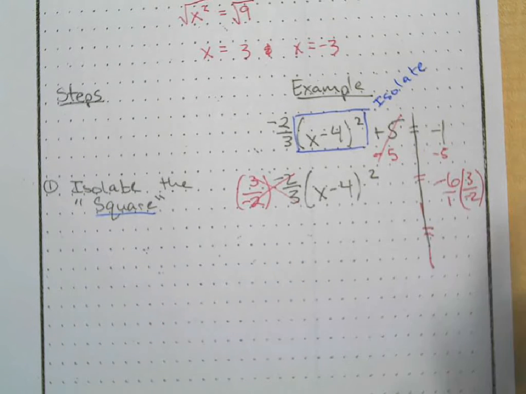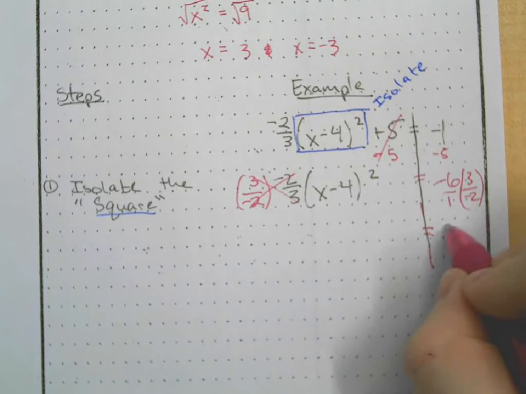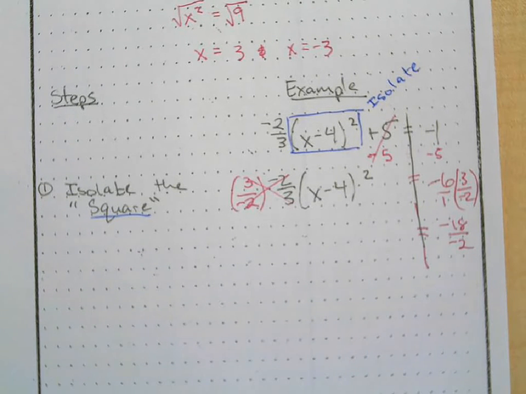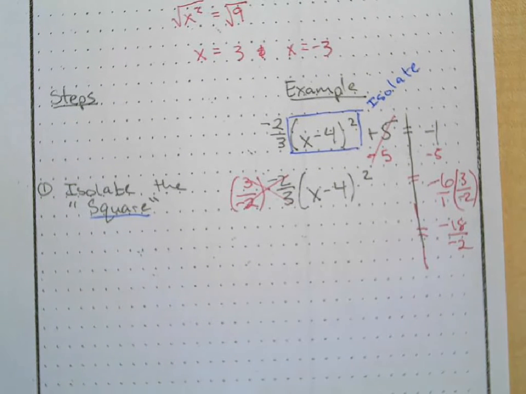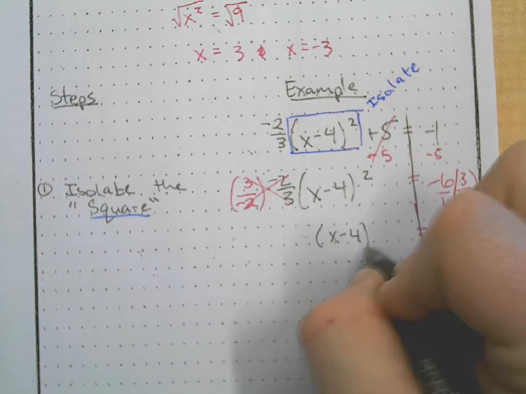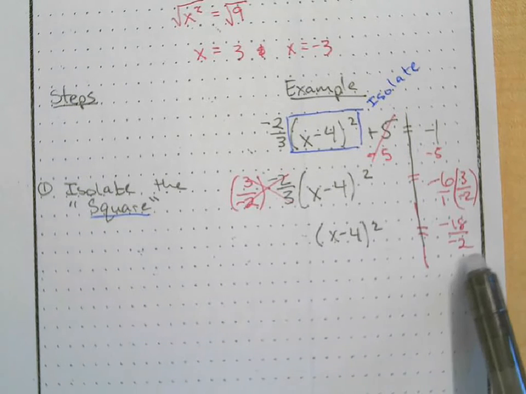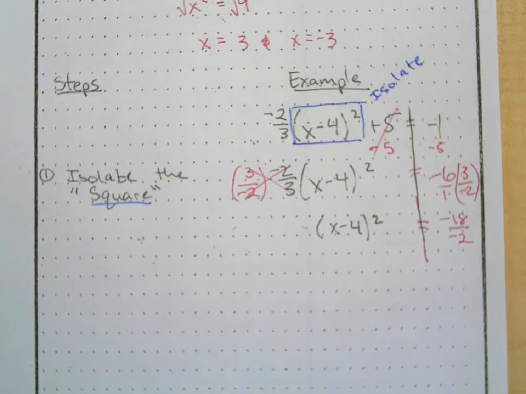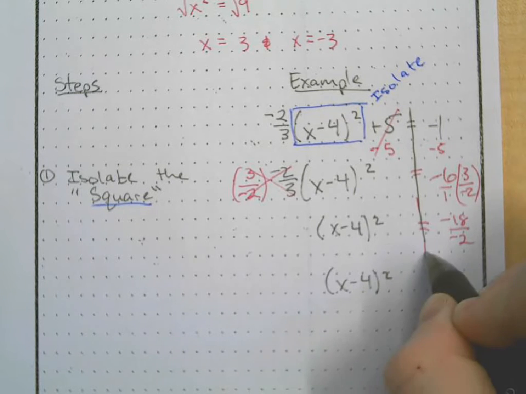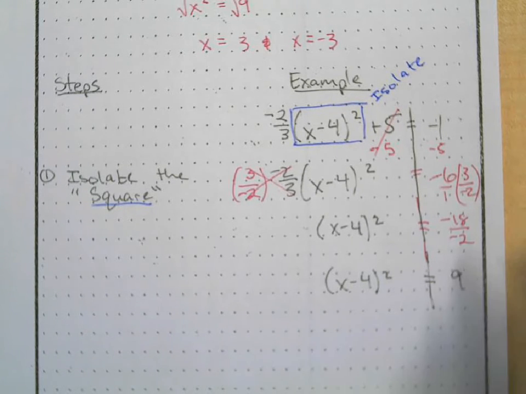We have our hidden 1. So I get negative 18 over negative 2. And then over on this side, we just bring all of our square down. And then I'll simplify my negative 18 over negative 2. That's positive 9.